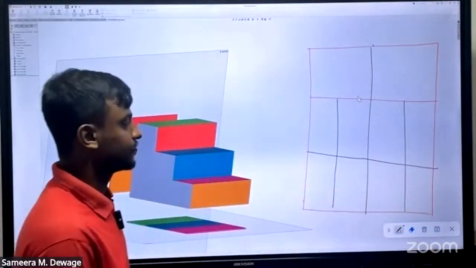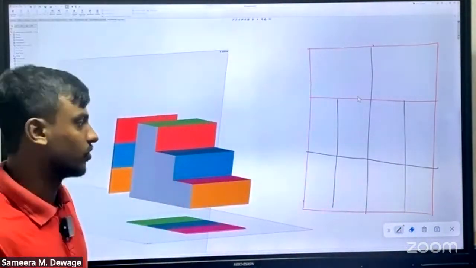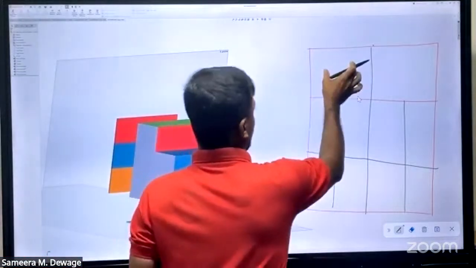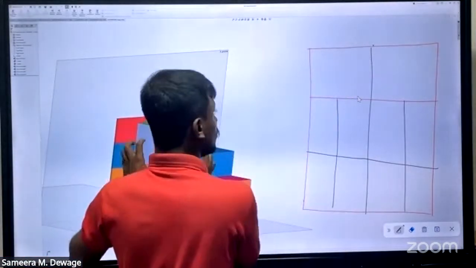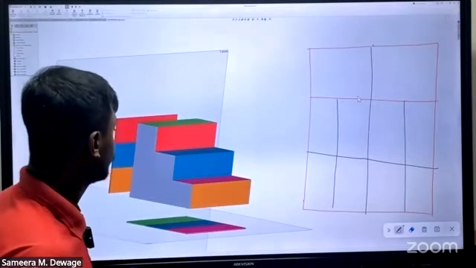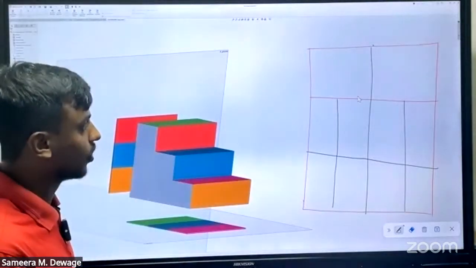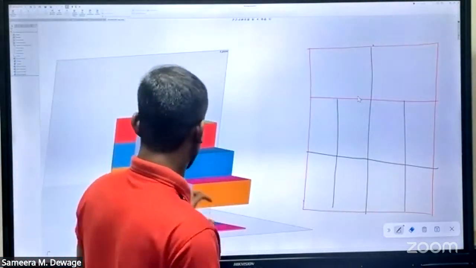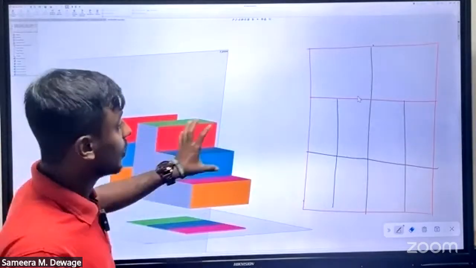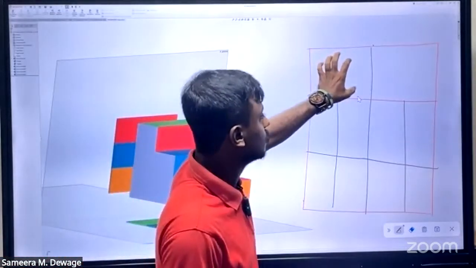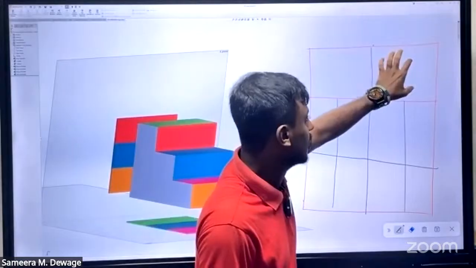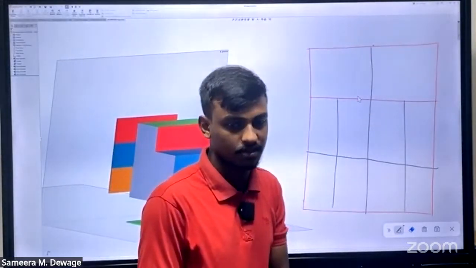Right? So here you need to draw this object. Here you need to draw this object, and here also you need to draw this object.